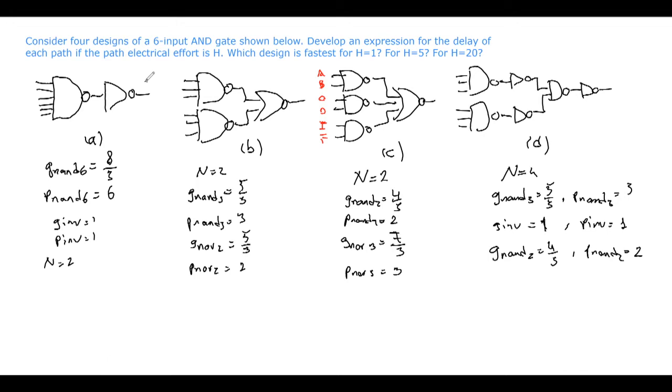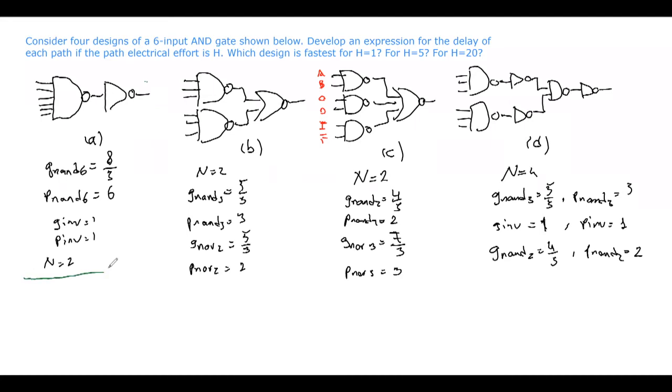What is it going to be? It has 2 stages. So the minimum delay that I can achieve is going to be D, I will say A, is equal to what? It has 2 stages, and the optimum stage effort is going to be G times H. Maybe we should first write down the path efforts, and then continue based on that.